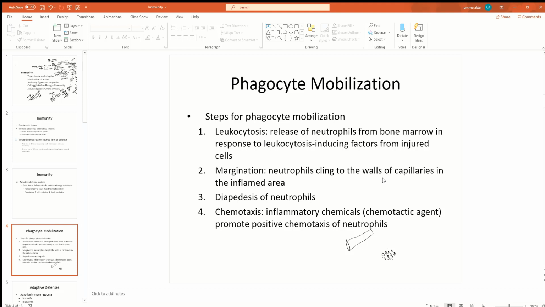So tissue will release chemicals here. In response to that infection or inflammation, the tissue will release chemicals. Chemicals are released from the infected tissue. So the important chemicals here are histamine.